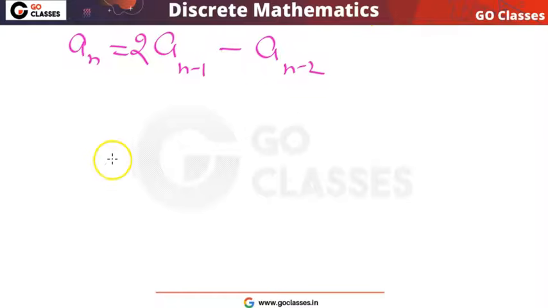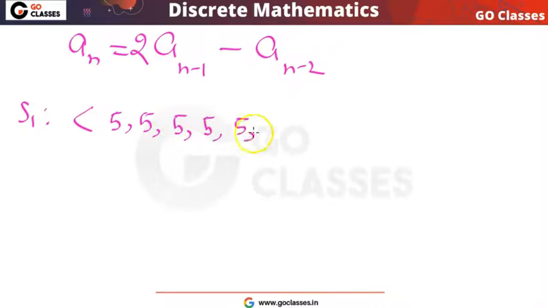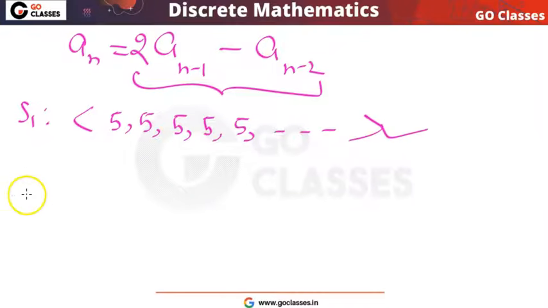Now if you consider this equation, you can notice that it is satisfied by many different sequences. For example, this sequence also satisfies this equation, so this sequence is also correct for this equation. You can give another sequence also.